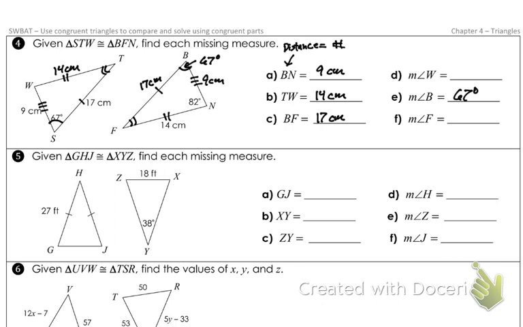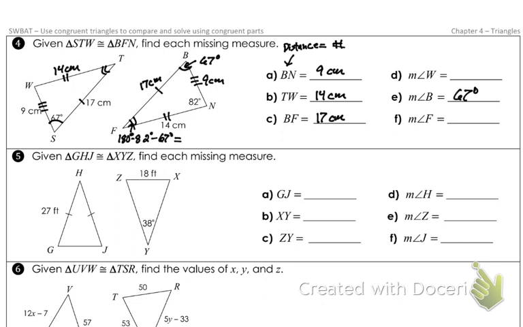How many angles do I know of both of these triangles? If I know 2 angles, how many angles do I know of a triangle? I know all 3 of them. If you know 2 angles of a triangle, you know all 3 of them. If I know I have angles 82 and 67, how do I find angle F? So we're just going to go to find F. I'm going to do 180 minus 82 minus the 67 degrees.